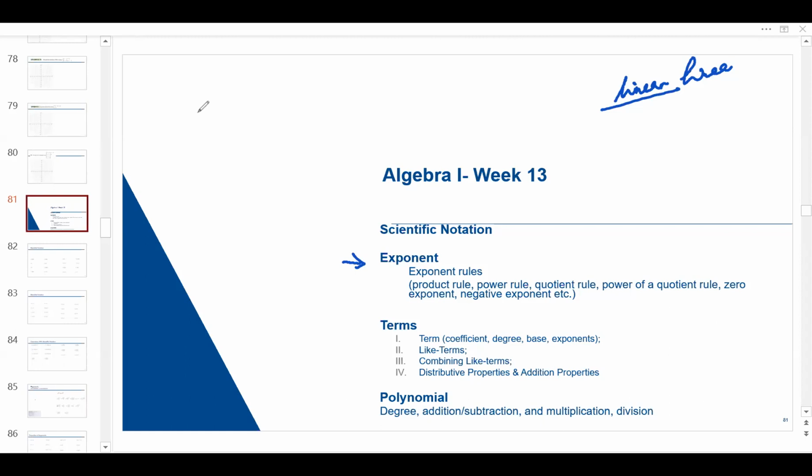Something like 2 times 2. We get 4, right? So that actually equals 2 squared.